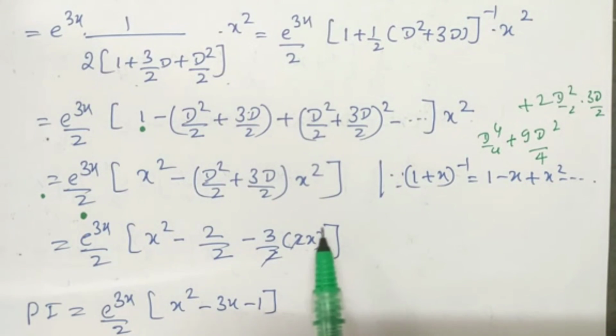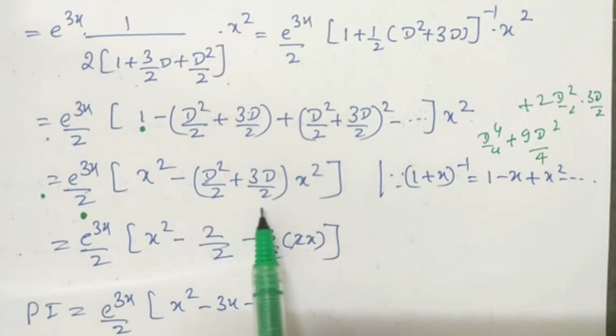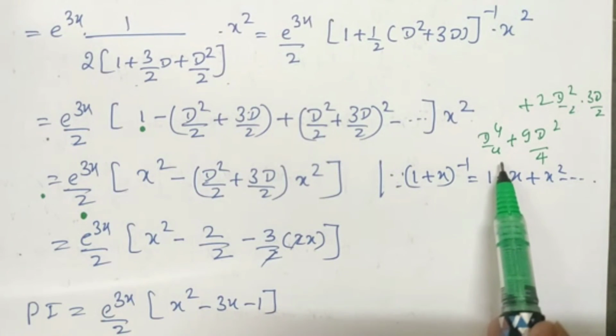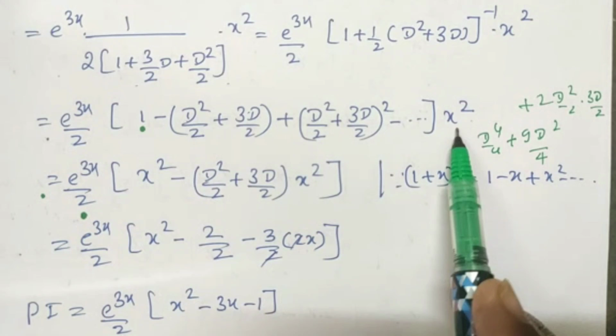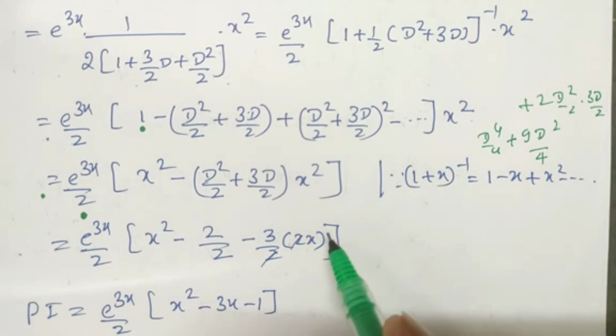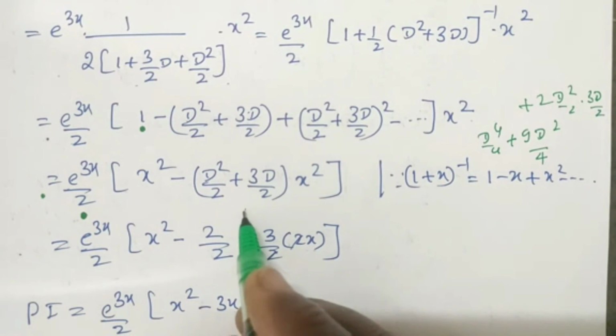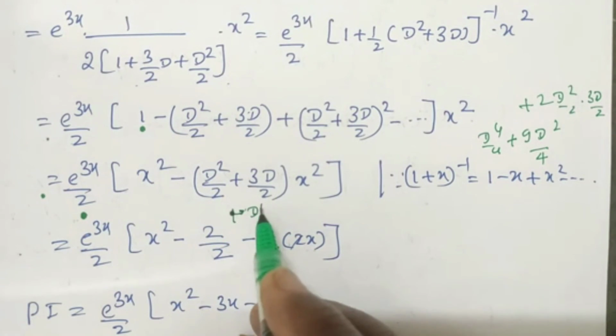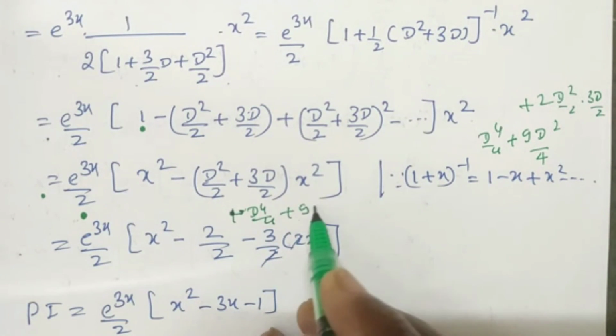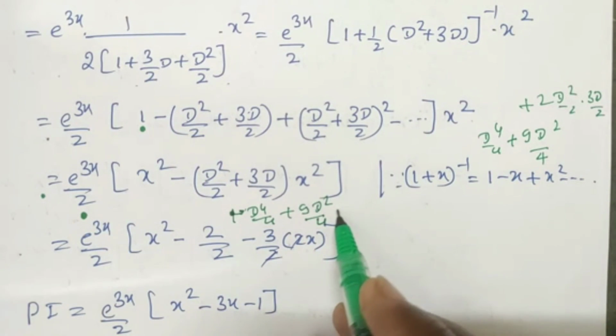So we can write one more term here, this is D⁴/4. Its fourth derivative becomes 0. So I will take 9/4 also here.